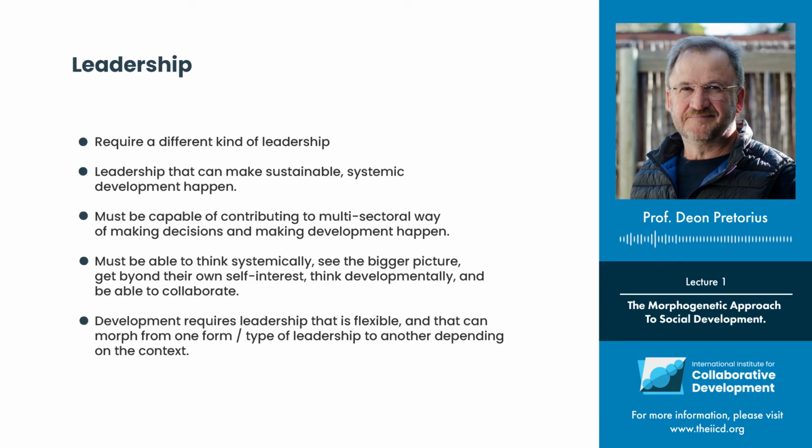So this is the short answer to the initial question that was posed, and that is, what type of leadership? It is leadership that has these qualities that I have just pointed to, but more than that, it is also leadership that is capable, and this is particularly relevant when we talk about leadership at a local level, of morphing from one form or type of leadership to another, depending on the context.